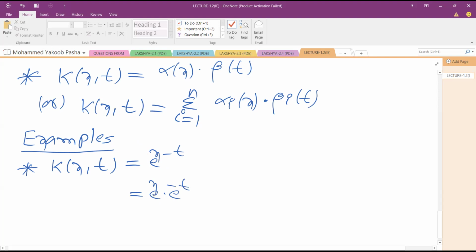So this is a product of two functions of x and t. So it is a degenerate kernel. You may expand e power x separately, e power minus t separately, and that is also a product of functions of x and t. Okay, this is an example of degenerate kernel.